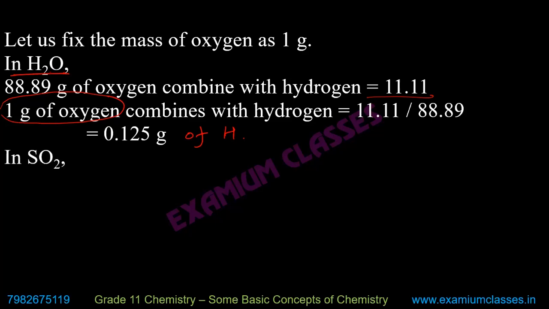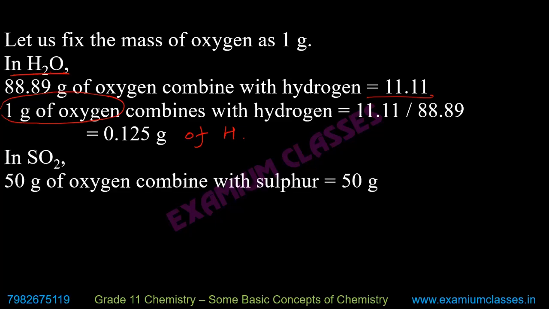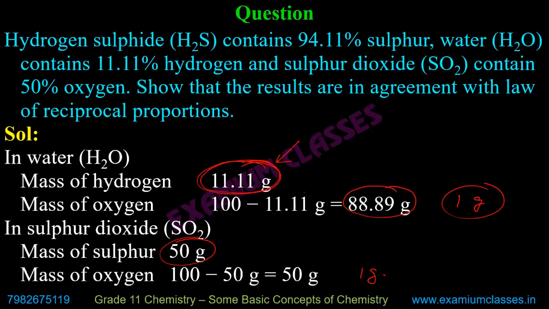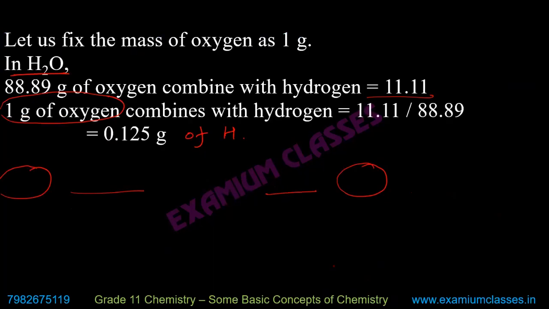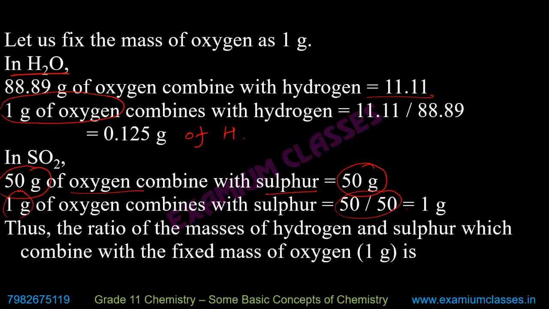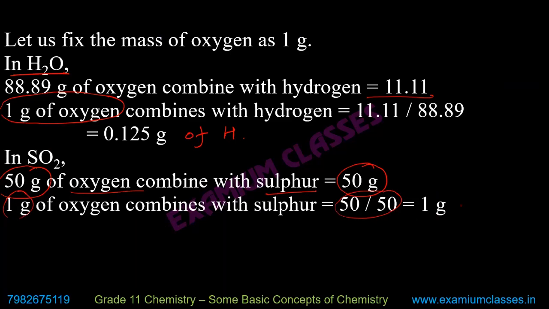Similarly, in SO2, we have calculated that 50 grams of oxygen combines with 50 grams of sulfur. Hence, 1 gram will combine with 50 by 50, that is 1 gram of sulfur.